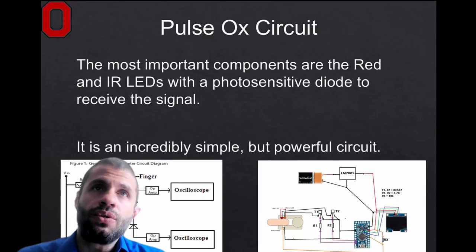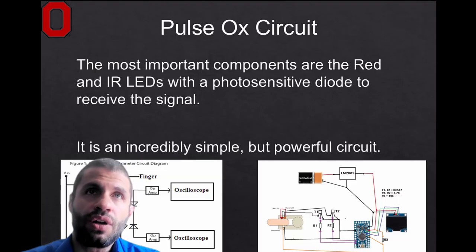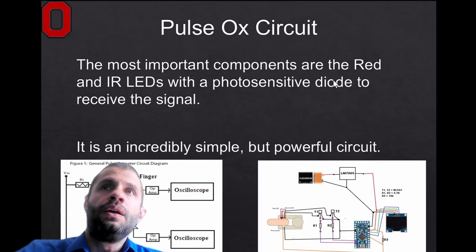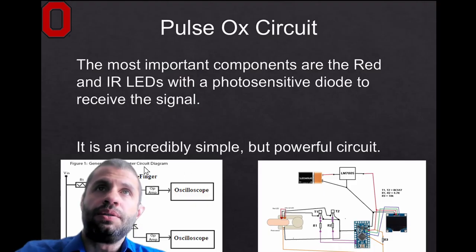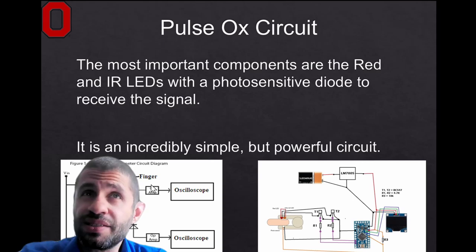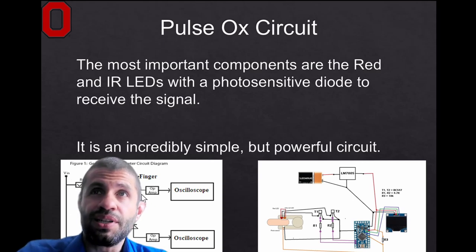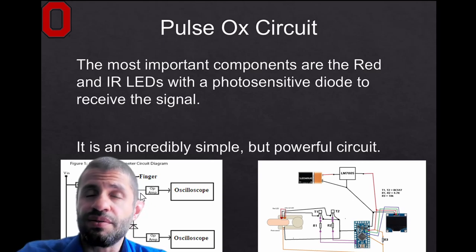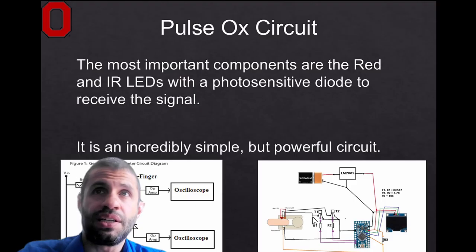One thing that I also like to introduce, particularly in this pulse ox lab, is the fact that the circuit is not complicated. It might seem complicated, but it honestly is not. In this diagram here, there's honestly a lot of things that are actually not necessary. In reality, you can get away with an Arduino and 2 LEDs and a resistor, something like this, for example.